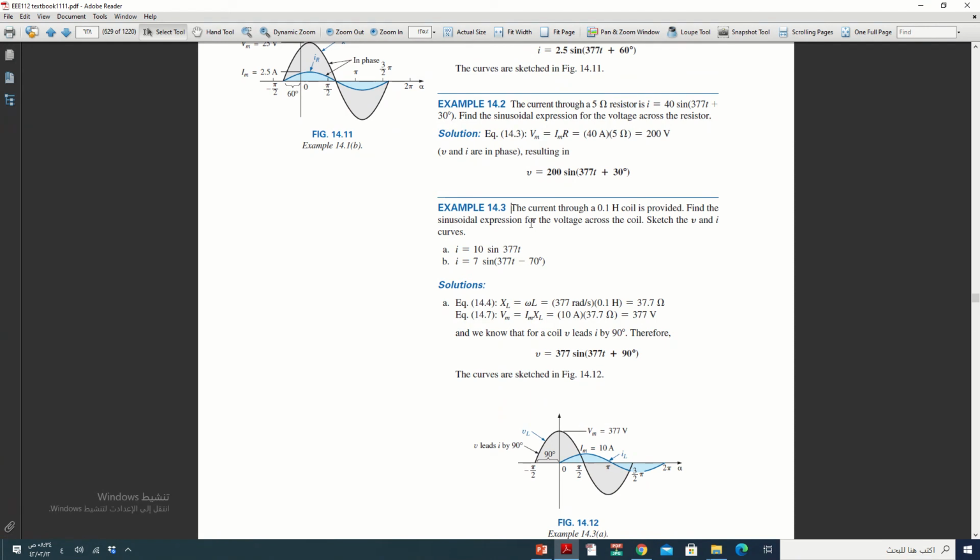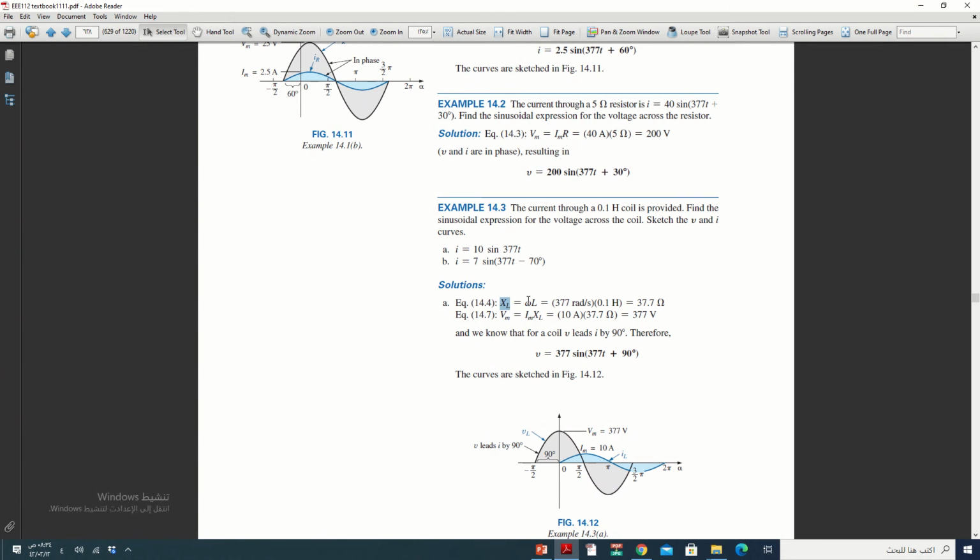Find the sinusoidal expression for the voltage across the coil. Sketch the V and I curve. I equals 10 sine 377 t. You cannot divide, this is not XL. This is L, and we need to find XL by omega L.